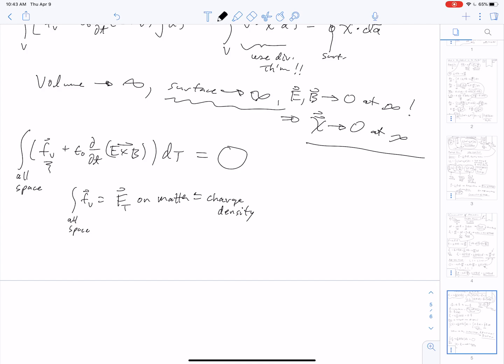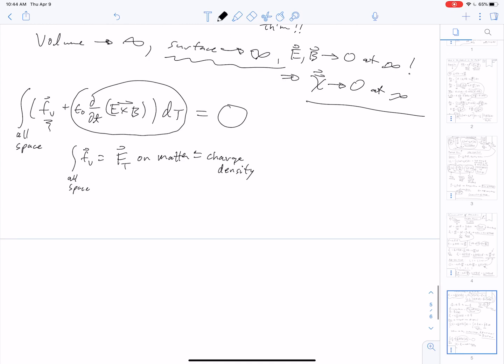But then I have this other integral, and I forgot this, I've got to integrate that too. What the hell is that? So let's rewrite this.